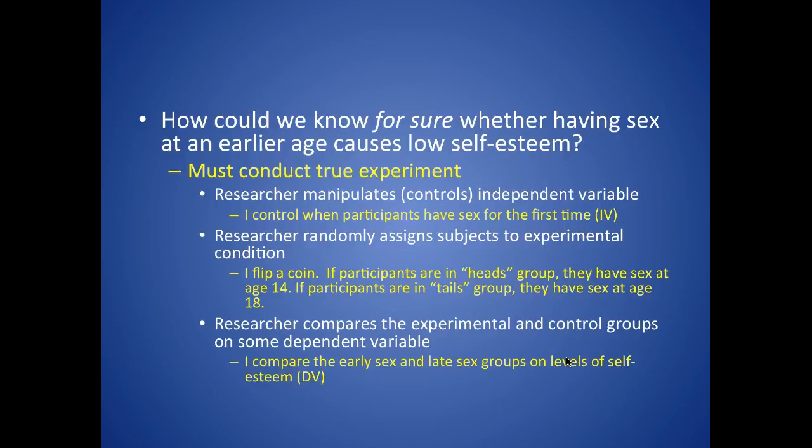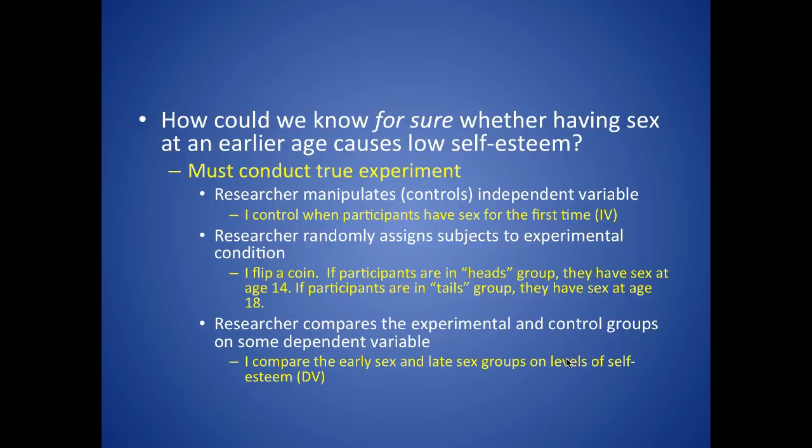If you could actually do this experiment, which you can't, and you'll understand in a moment why not, you'd have to do a true experiment. To do that, you'd have to get a group of subjects, maybe a group of 12-year-olds, and randomly assign them to two groups.